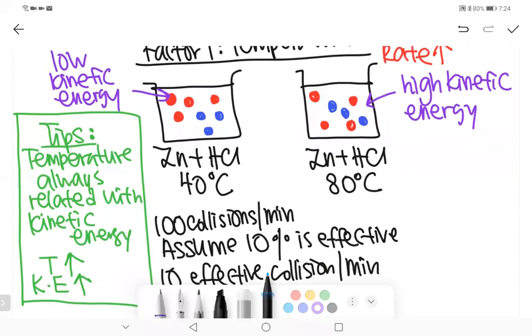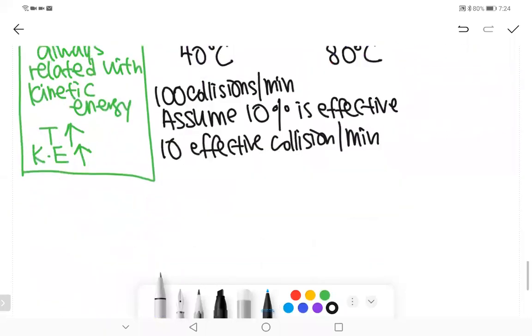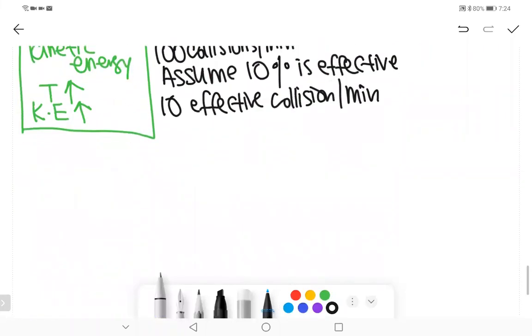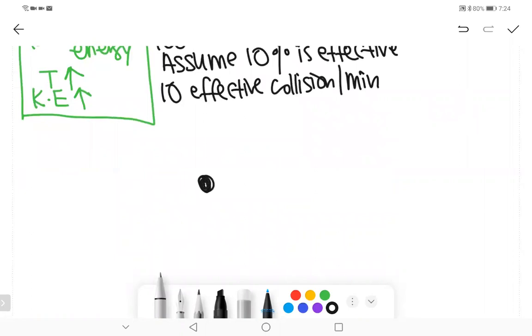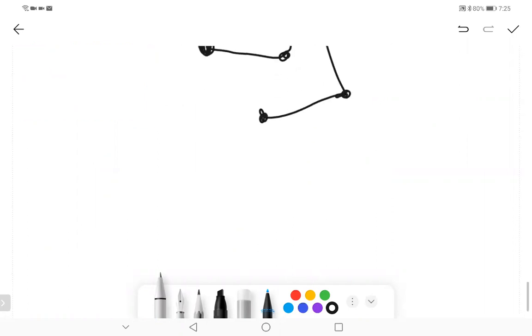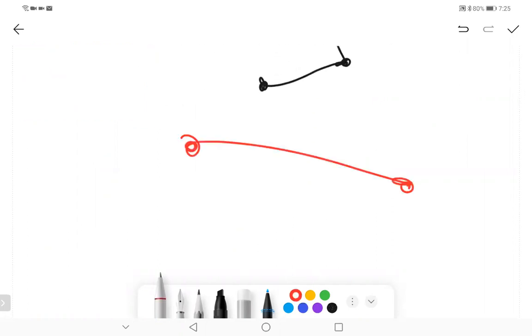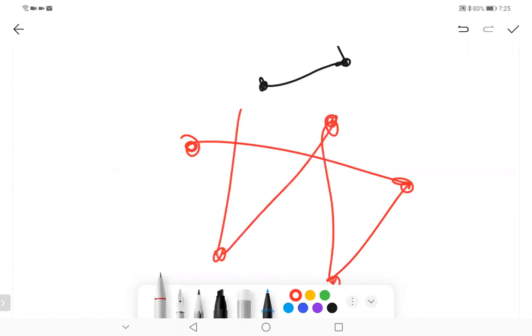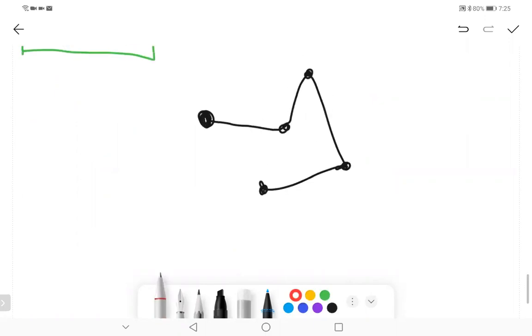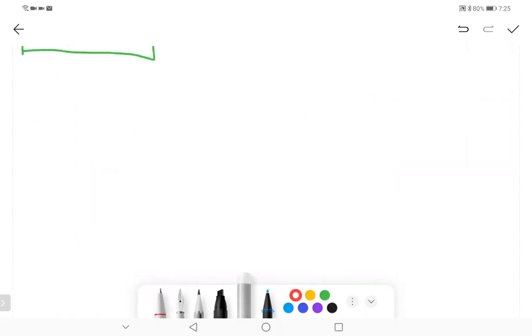When the temperature is higher, all the particles can move faster like this. Initially, at low temperature, they move slow, slow, slow. But at high temperature, the particles can move very fast. Low temperature moves slow, high temperature moves fast.